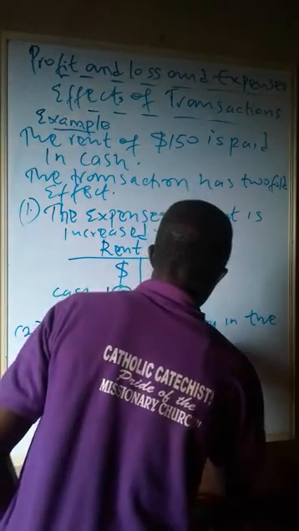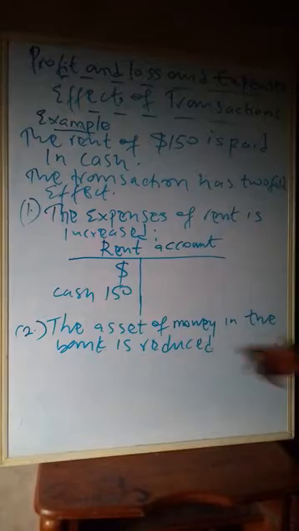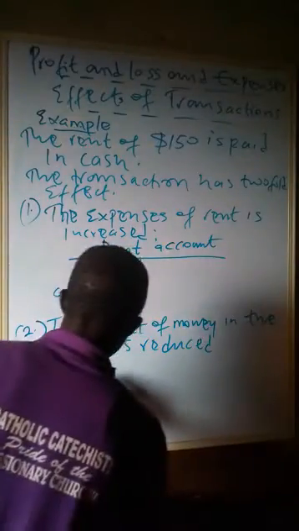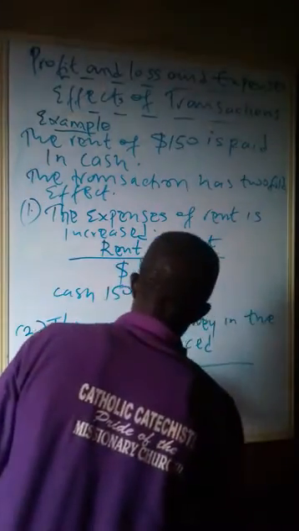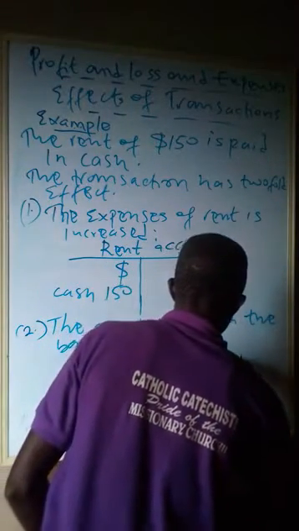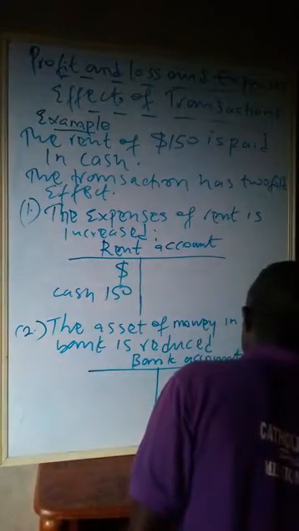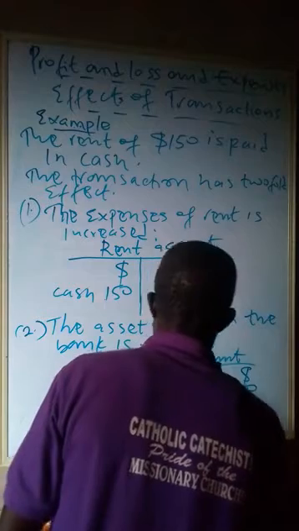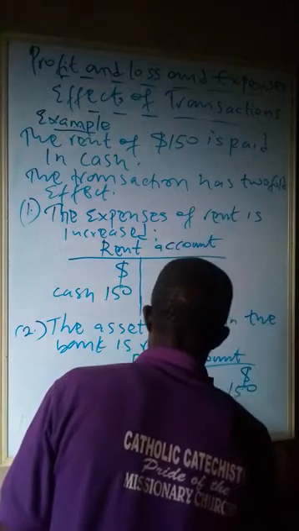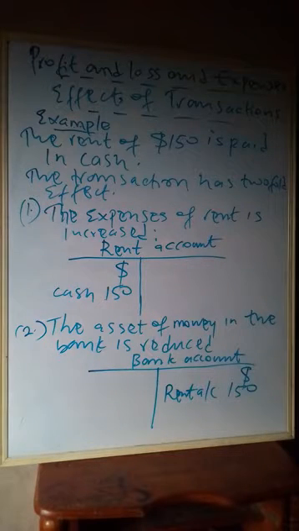Why? Because the money from the bank account is used to pay the rent. We take out of the money in the bank to pay the rent. And when asset reduces, what do you do? You credit bank account, and that is the dollar sign, 150. The corresponding entry is the rent account. That is for that transaction, the twofold effect. Expenses.